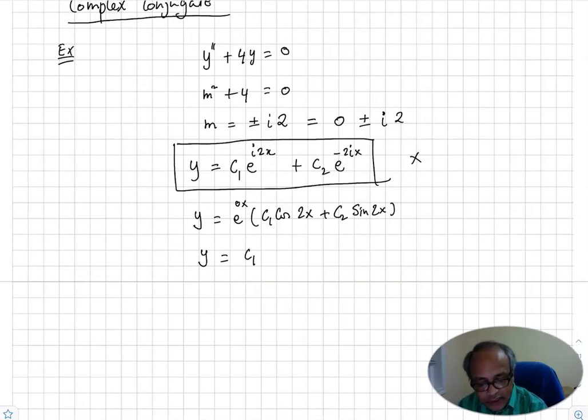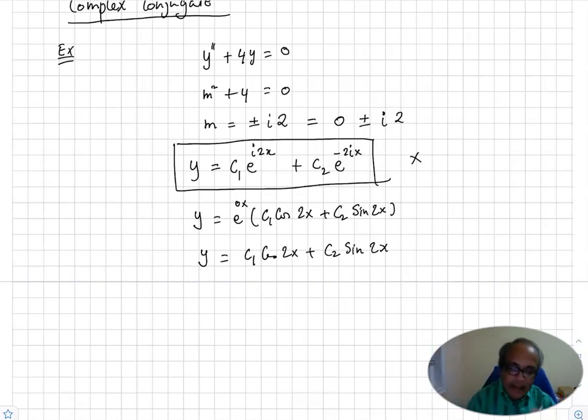So it's c1 cos 2x plus c2 sine 2x. You don't need to discuss a separate case when the roots are purely imaginary; you just follow the same strategy. When roots are purely imaginary, the e to the power of the real part times x becomes just 1.